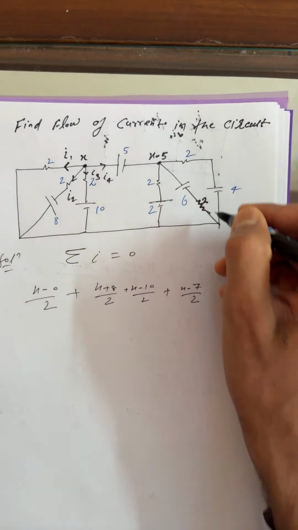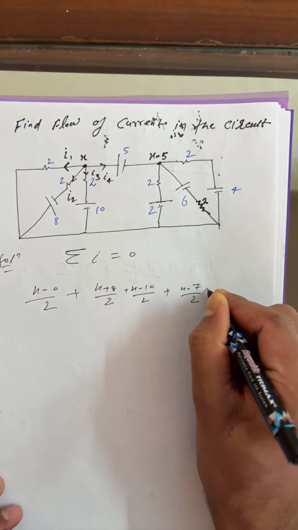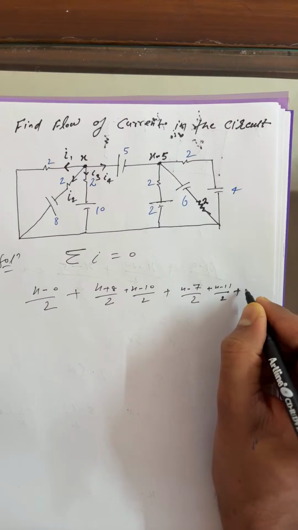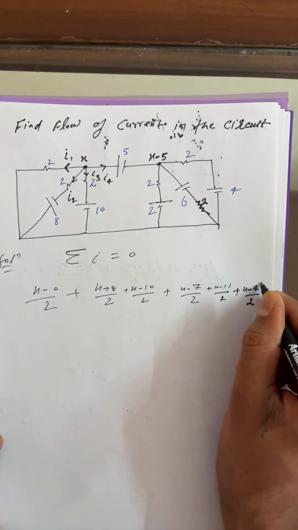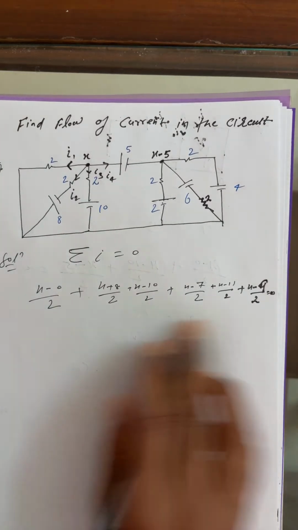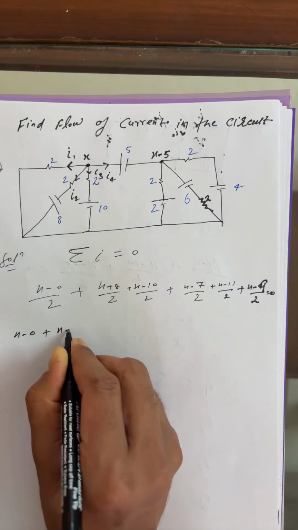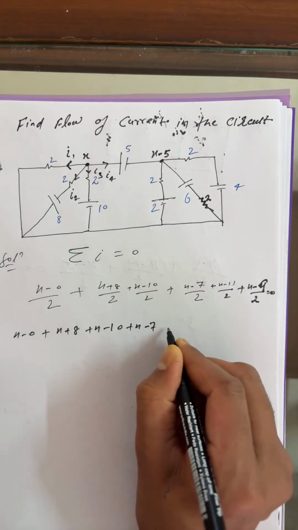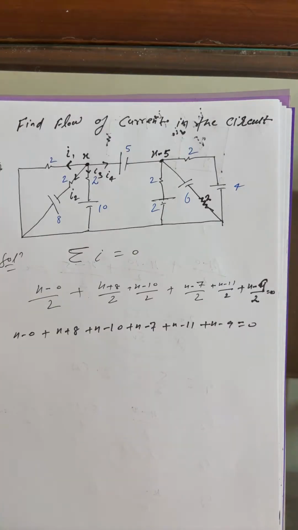So you can say (x minus 7) by 2, but in this one x minus 6 minus 5 is 11. Plus (x minus 11) by 2, plus x minus 4 plus 5 is 9, so (x minus 9) by 2 equals 0. The 2 cancels entirely, so x minus 0 plus x plus 8 plus x minus 10 plus x minus 7 plus x minus 11 plus x minus 9 equals 0.